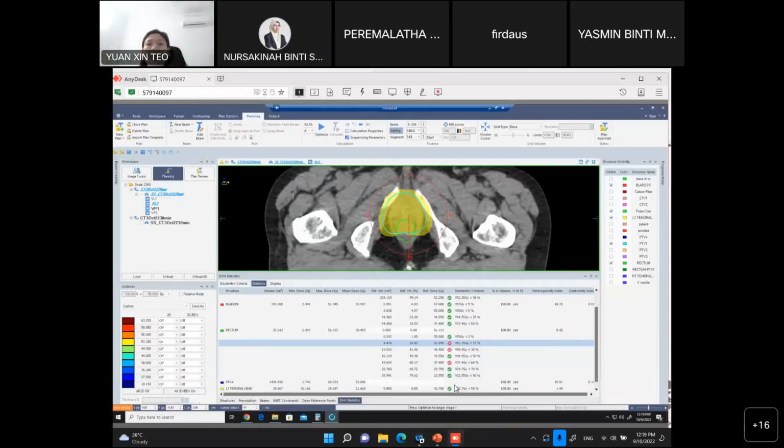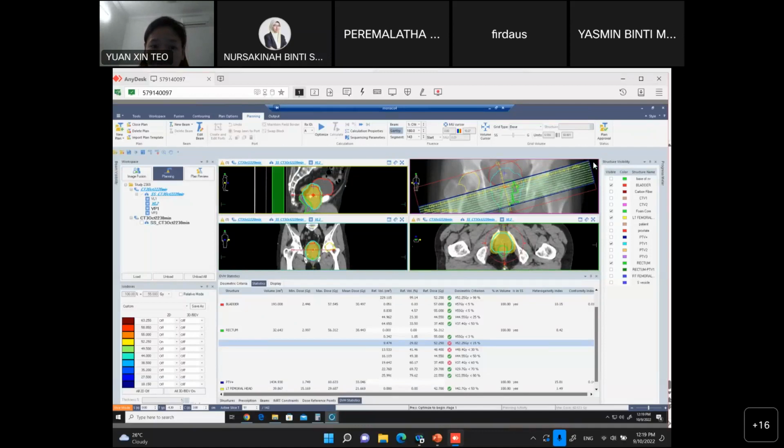So there are situations where even though the DVH criteria are set in, we can't achieve them. For example, in these patients, if the rectum volume or the bladder volume is small, we won't achieve all this.